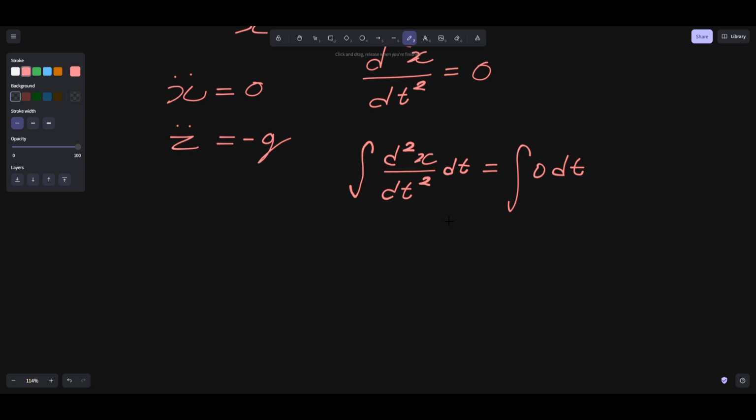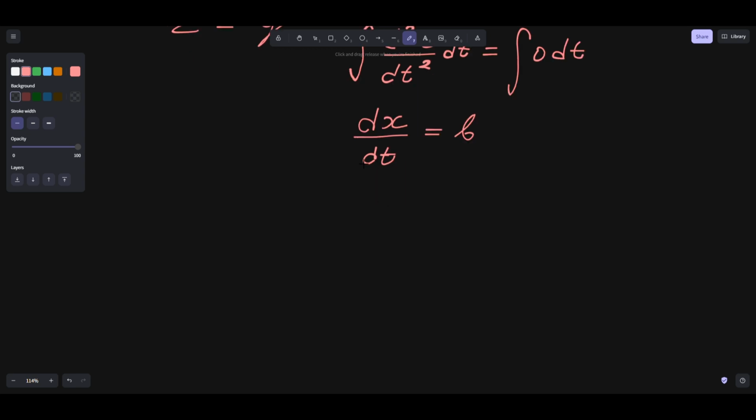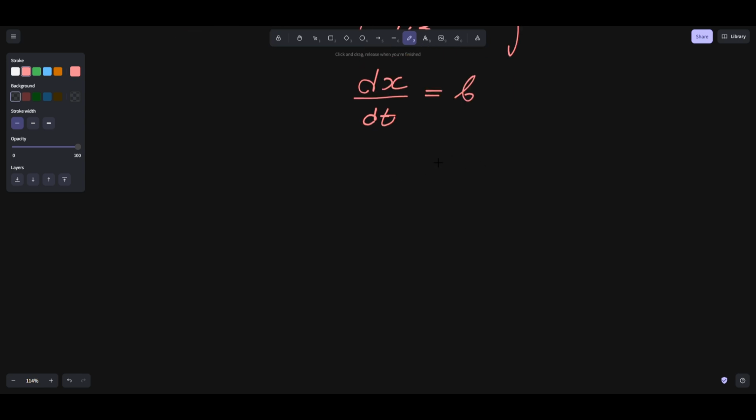And so when we take the integral, now we'll have just the first derivative of x with respect to time, but we also have a constant to take into account. This is due to the integration. And what do we do now? We integrate again, of course, in order to get rid of the derivative.